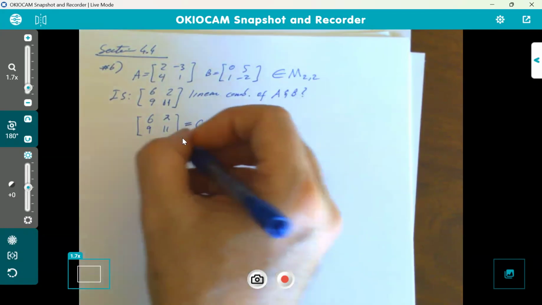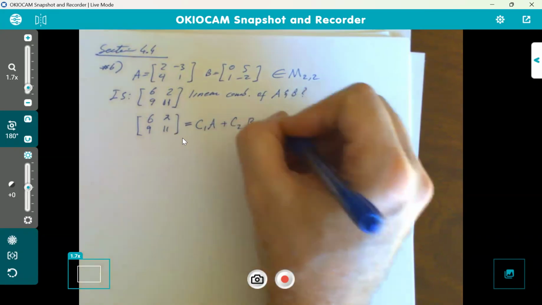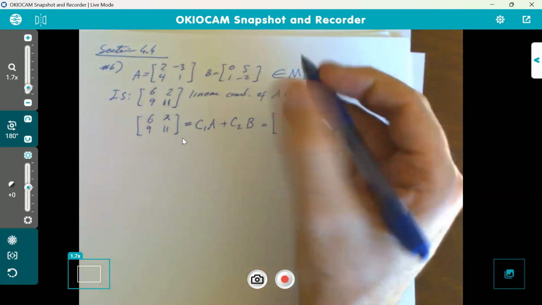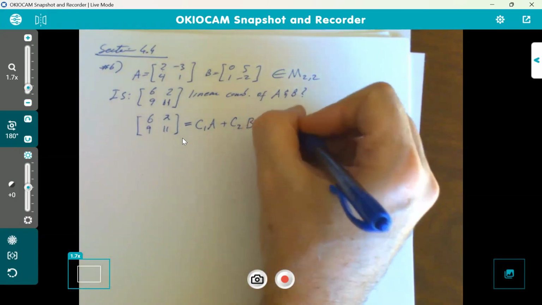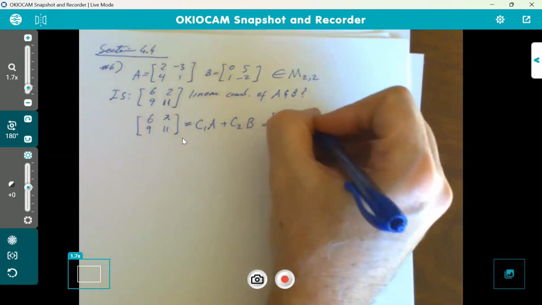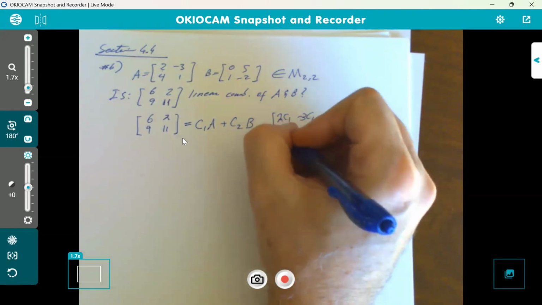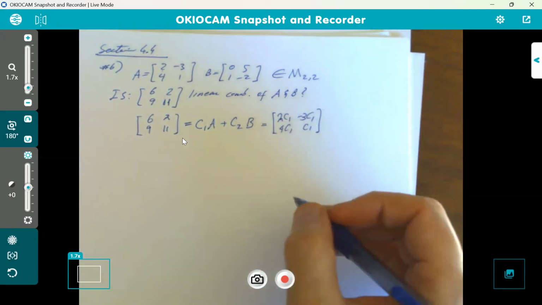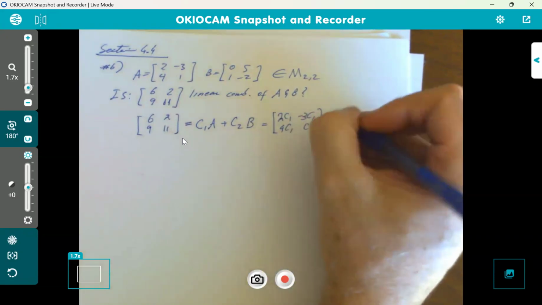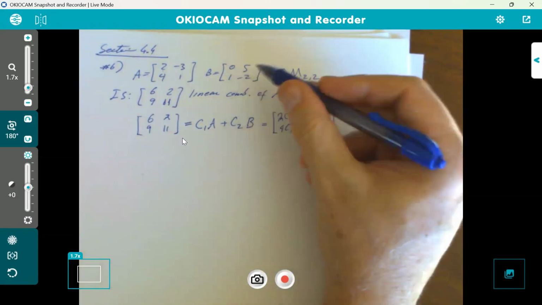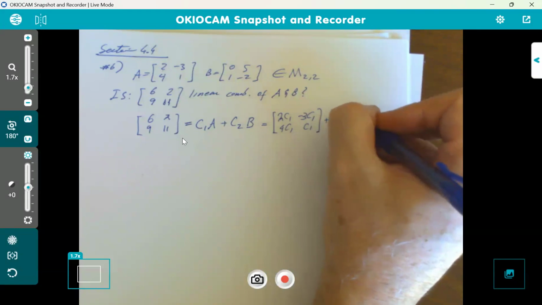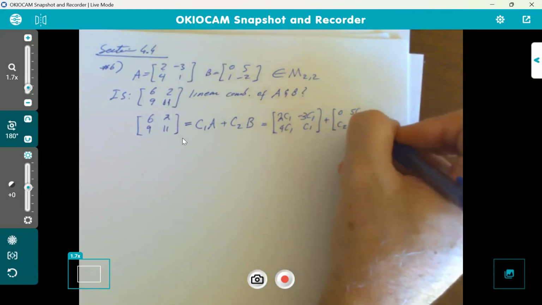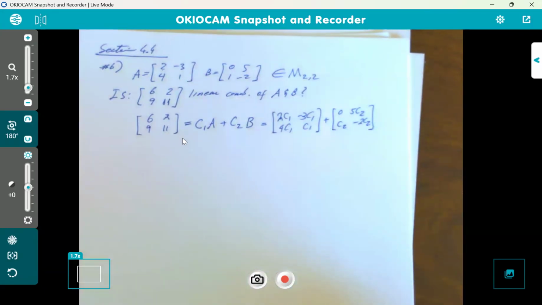So C1A means C1 times each of these, so I have 2C1, negative 3C1, 4C1, C1. That's what C1A means. What does C2B mean? That means C2 times each of these: 0, 5C2, C2, negative 2C2.